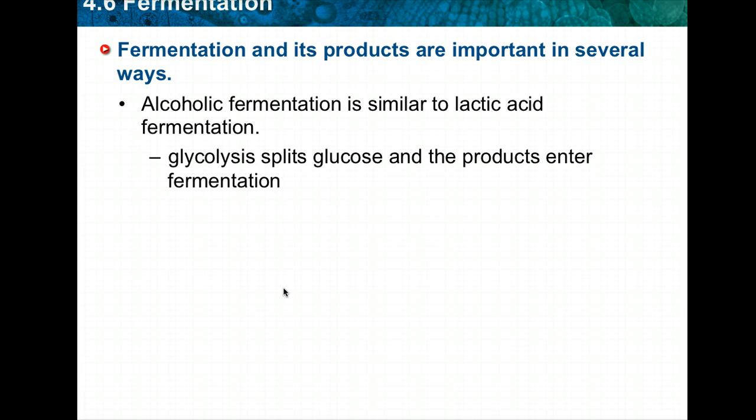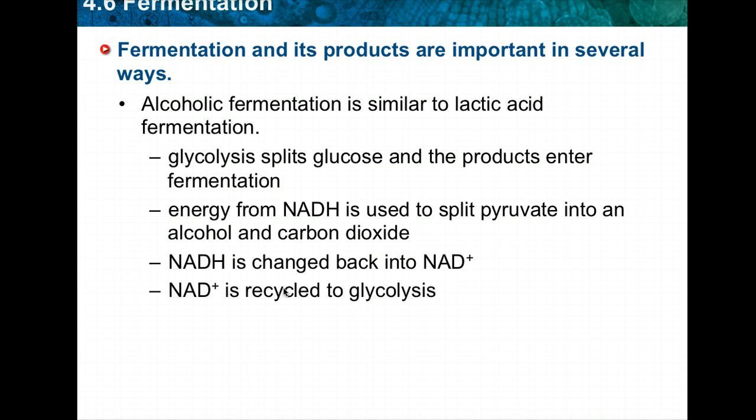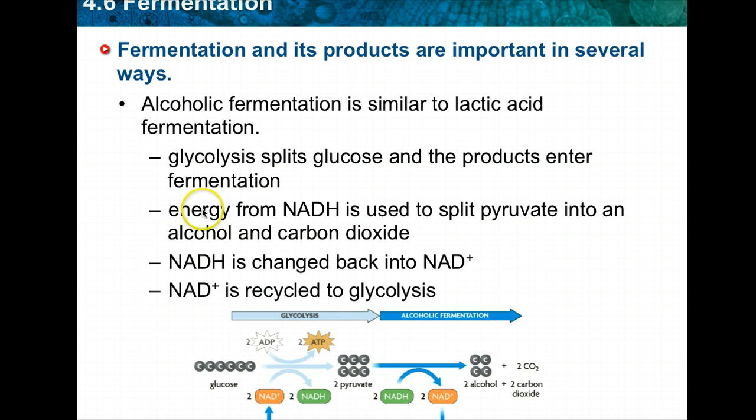So with alcoholic fermentation, glycolysis splits the glucose and the products enter fermentation. Energy from the NADH splits that pyruvic acid into basically alcohol and carbon dioxide. When you look down here, you have your glucose, you go through glycolysis, you get your two pyruvic acids. This isn't on the board, so you might want to write this down.